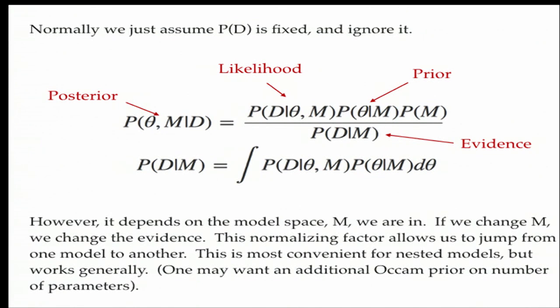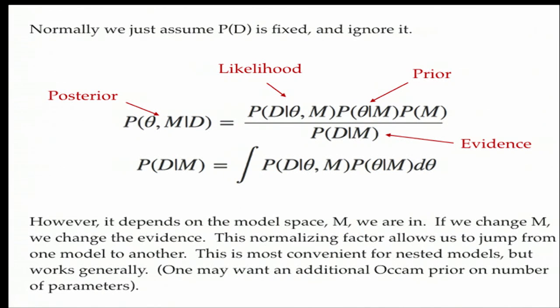There's nothing new here. This was new to me in recent years, but of course people have been writing things like this down for 20 or 30 years. I just didn't know about it. So we've got the probability of having some model and the parameters given that model, given the data. So that's what we're interested in. The likelihood is the probability of the data given the model and its parameters. We have a prior that we have that model at all, and then given that we have that model, the prior on the parameters that go with that model, right?